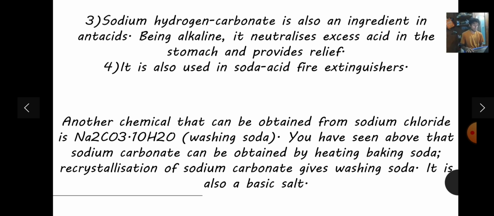So another compound that can be formed from that reaction is washing soda. Another chemical that can be obtained from sodium chloride, which is brine solution, is your washing soda, Na2CO3.10H2O. We have seen above that sodium carbonate can be obtained by heating baking soda.